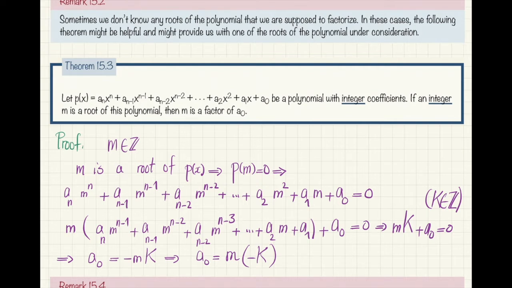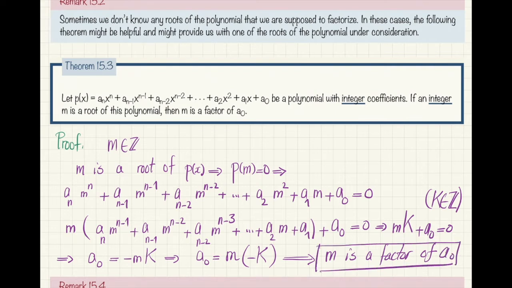But of course, if k is an integer, it's completely clear that minus k is also an integer. And now I have an integer multiplied by m, it becomes equal to a0. So it means that m itself is a factor of a0. So this immediately tells me that m is a factor of a0.